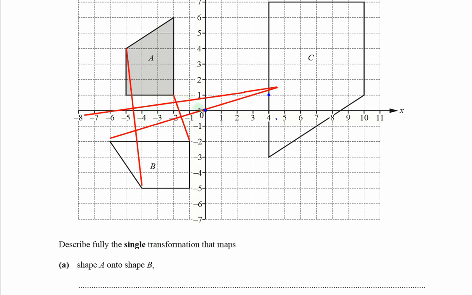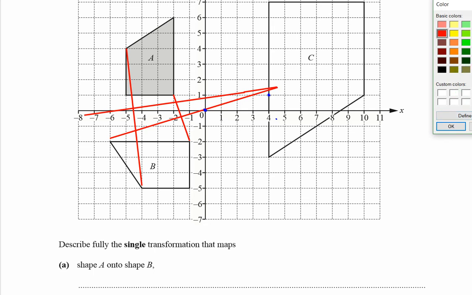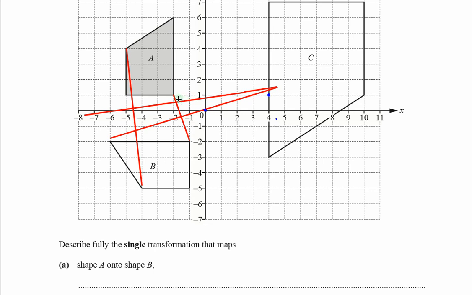So from here, now let's change the color, pink color, green color. Okay, now let's consider this point here, from here to here, and join the corresponding. So you can see this original position, you swing this and reach here.